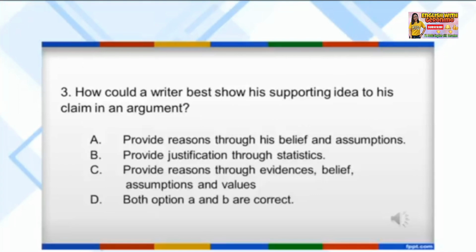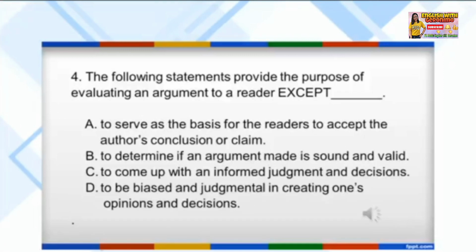Number 3. How could a writer best show his supporting idea to his claim in an argument? A. Provide reasons through his belief and assumptions. Letter B. Provide justification through statistics. Letter C. Provide reasons through evidences, belief, assumptions, and values. And letter D, both option A and B are correct. Number 4.